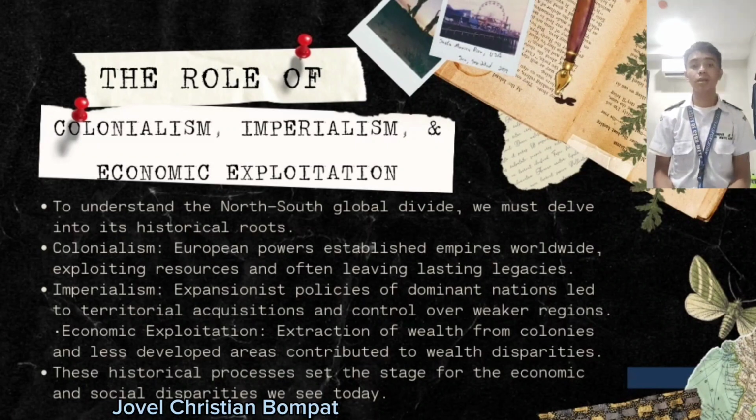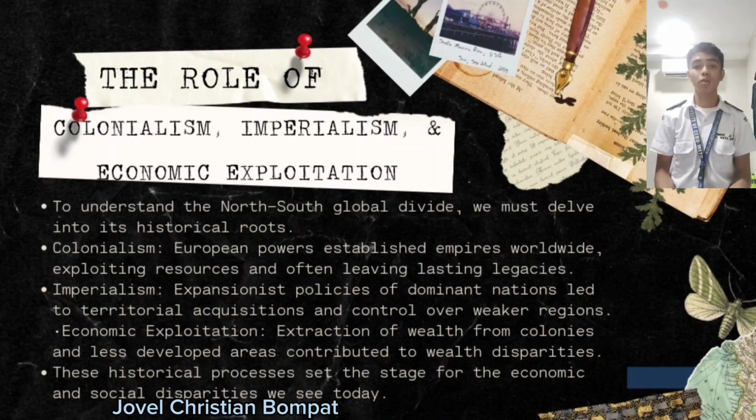To understand the North-South global divide, we must delve into the historical roots. Colonialism: European powers established empires worldwide, exploiting resources and often leaving lasting legacies. Next is imperialism. Expansionist policies of dominant nations led to territorial occupation and control over weaker regions.